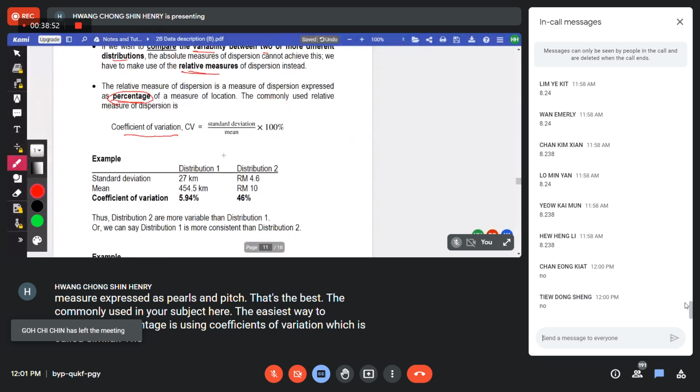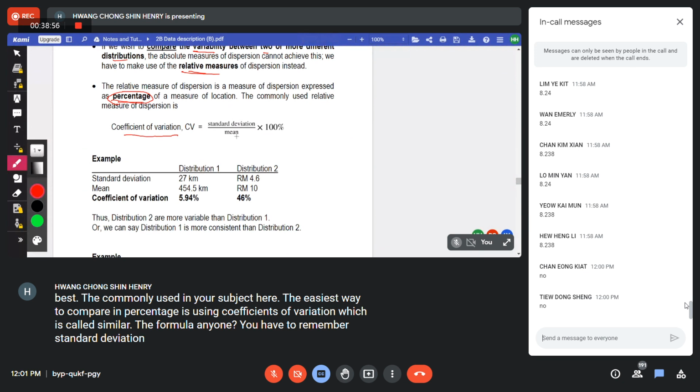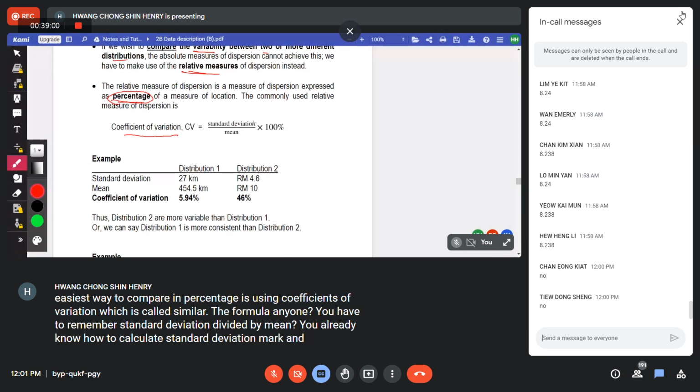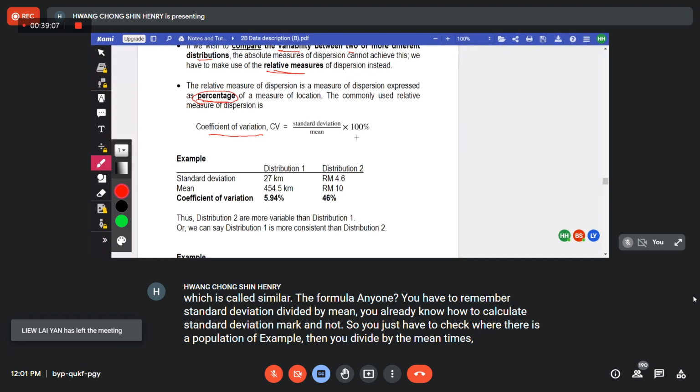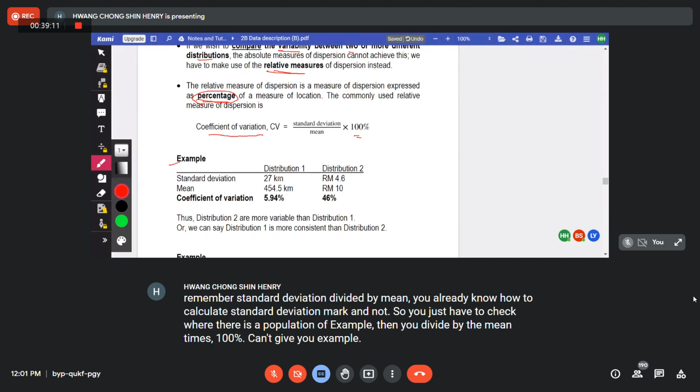The formula, everyone, you have to remember: standard deviation divided by mean. You already know how to calculate standard deviation. You just have to check whether it's a population or sample. Then you divide by the mean, times 100%. Can I give you an example? Set data 1, set data 2.